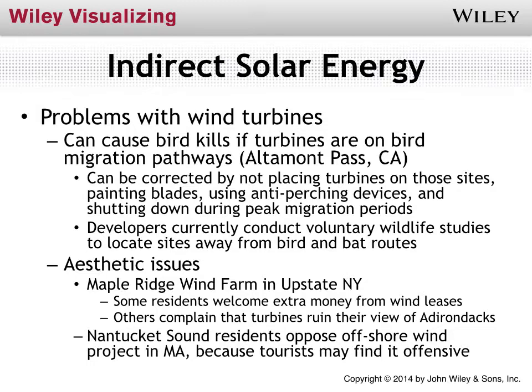The Altamont Pass in California is an area that's under scrutiny because there have been bird kills, even eagles, for example. Some of these things can be dealt with by not putting turbines in areas that are critical for wildlife migrations, so we can avoid certain areas that we know are heavily used by migrating birds.